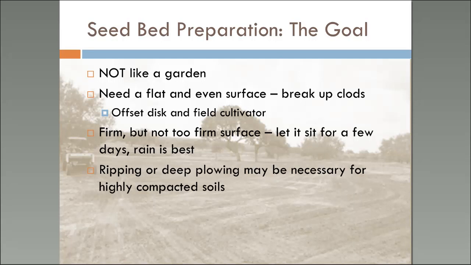If you walk across your seed bed barefooted, you'll want to not get soil between your toes. So that's a good rule of thumb, that you want it firm but not too firm. You might need to rip or deep plow if you have highly compacted soils, but in most cases you're good just using some sort of disc and cultivator.